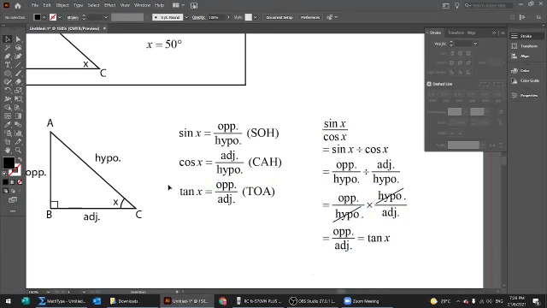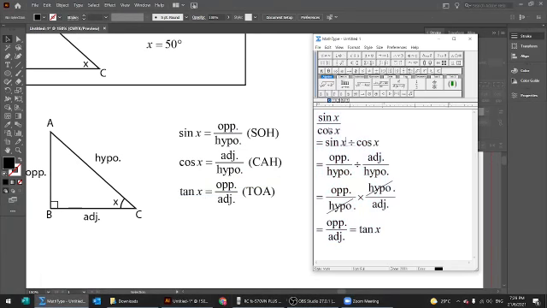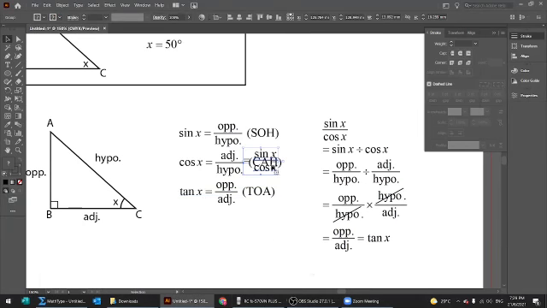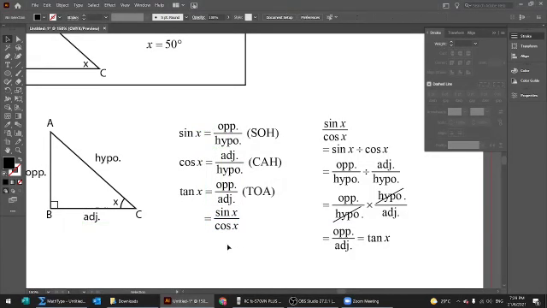So tangent x can also be written as sine x over cosine x. Next time in the future, you need to know that. This is something new to you. This is the basic one.